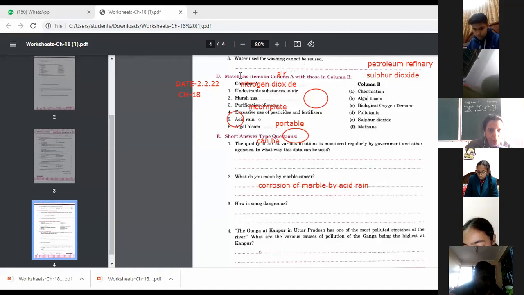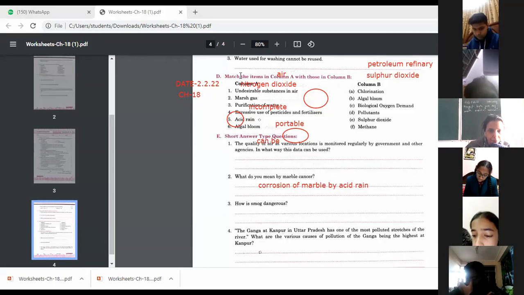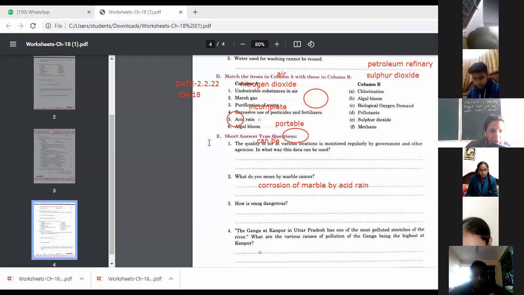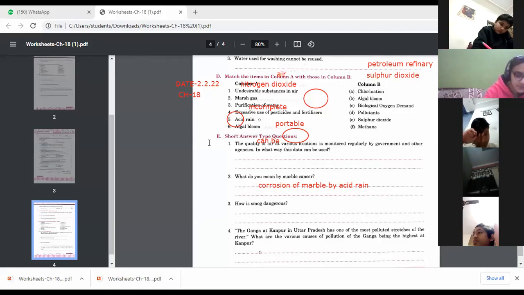Next, how is smog dangerous? Ma'am, the smog is very dangerous because it is made up of many dangerous gases like carbon monoxide and many greenhouse gases, because it is made of smoke plus fog.